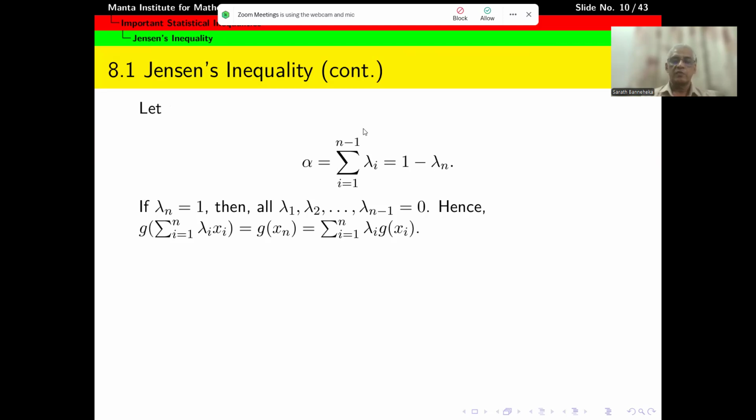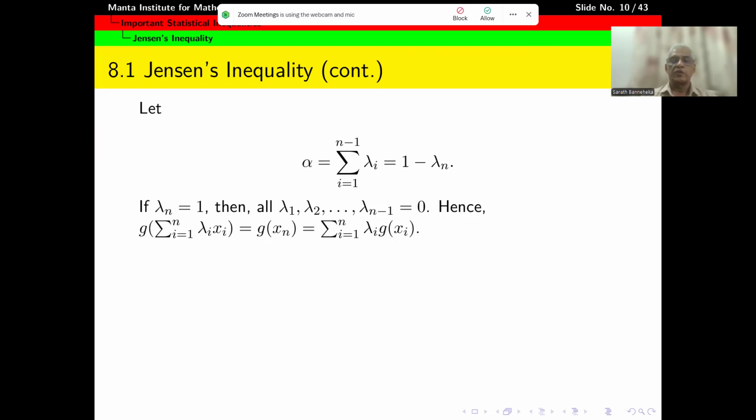So alpha is the sum of the first n minus 1 lambda values. Therefore, that will be equal to 1 minus lambda n, right? Now, if lambda n is equal to 1, in that case alpha will be equal to 0, because the lambda i's are greater than or equal to 0.